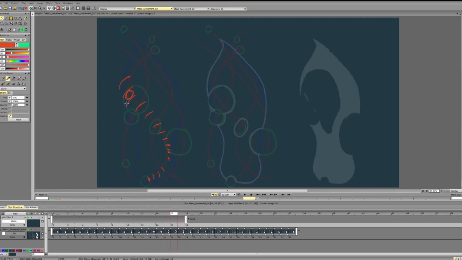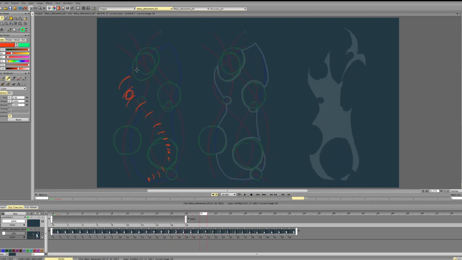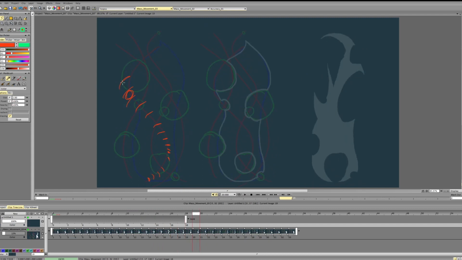So right here in this place, the form will wobble quite a lot, and it will work for a sketch animation, but for the clean animation the transition is a bit too rough.